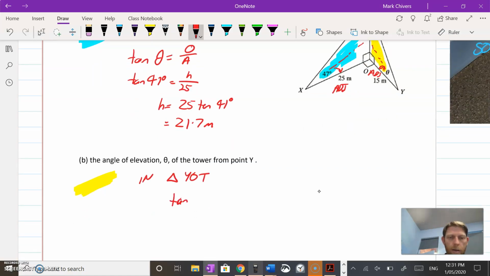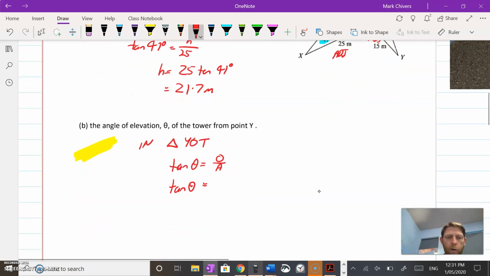So tan theta equals the opposite over the adjacent. The difference here is this time I don't actually know the angle. But what I do know is the opposite side, that's 21.7. We just worked it out. And the adjacent side is 15. So therefore theta is going to equal tan to the minus 1 of 21.7 over 15.